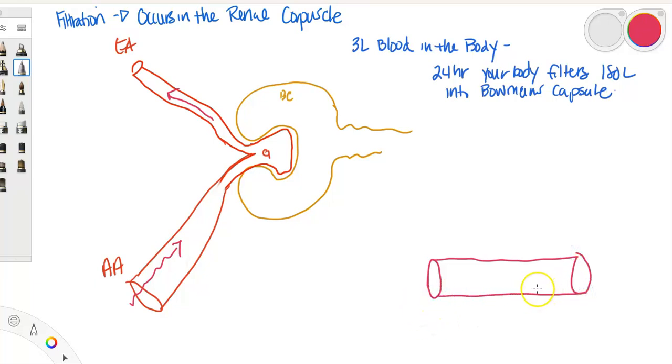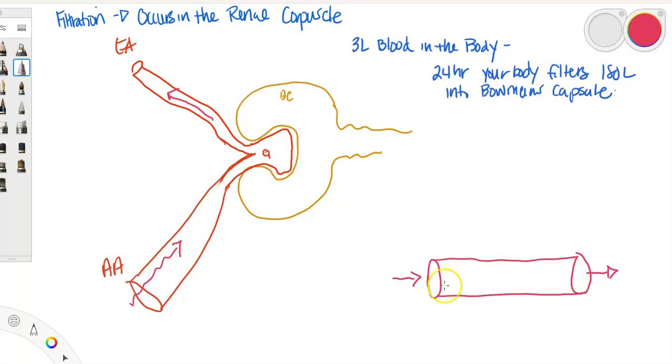sort of filtration is. So how the movement of things in and out of capillaries move. So you remember, this was from the vessel chapter. So you've got blood entering and blood leaving. It's coming from the heart. Eventually it goes to the capillary beds.